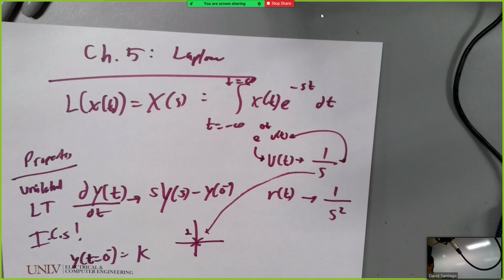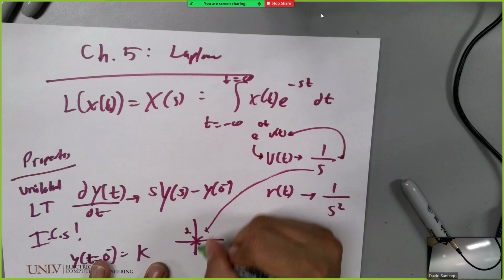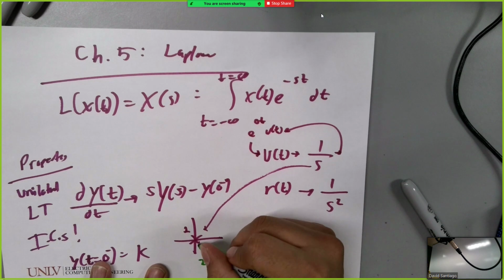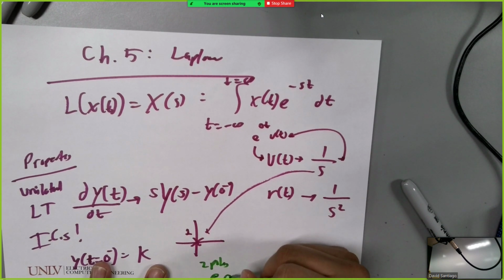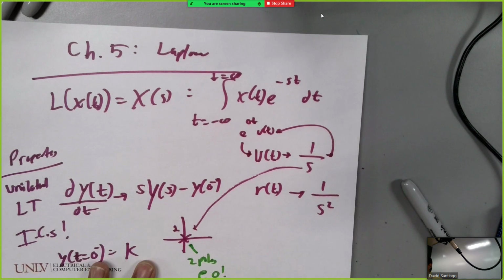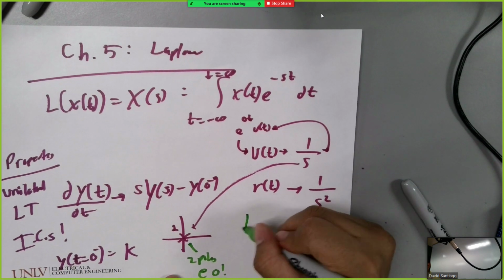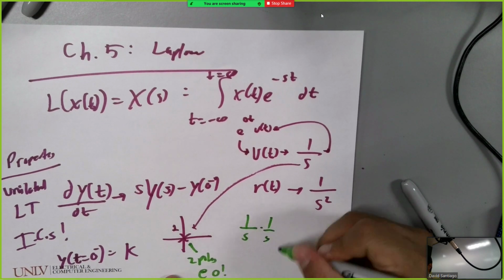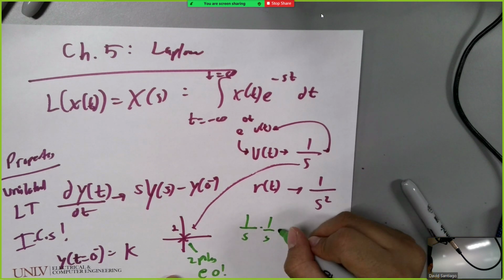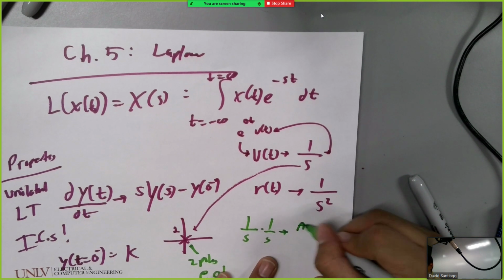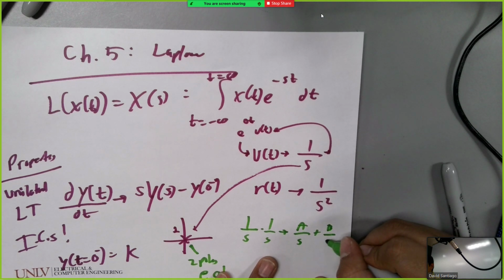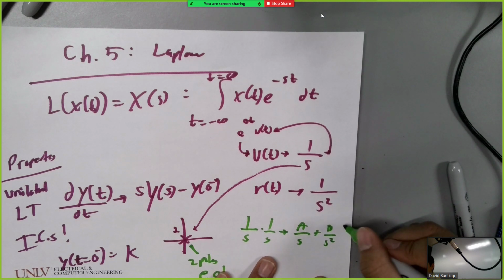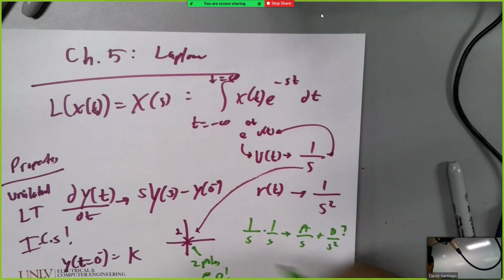But what happens when you have two poles at 0? That means you're going to get 1 over s times 1 over s. You have to do your partial fraction expansion, like A over s plus B over s squared or something like that. You have repeated roots.